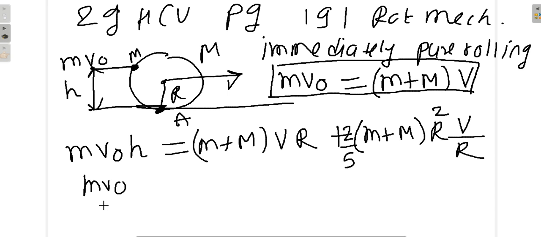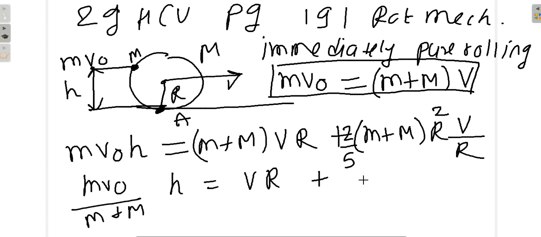Now let me divide by m plus M on both the sides. So m v0 upon m plus M into h equal to v into r plus 2 by 5 times V into R. Now what is m V0 upon m plus M? You can see here, it's same as capital V, right?